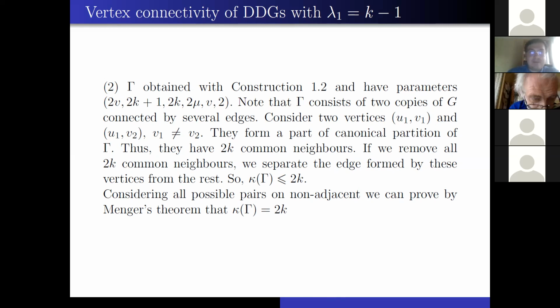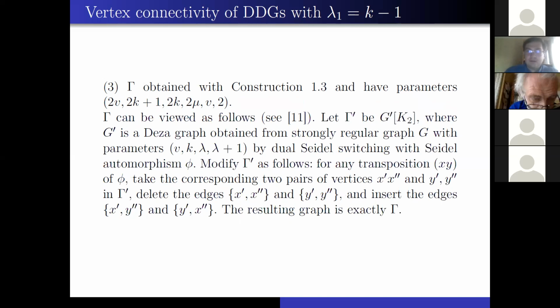And the last, the most interesting case, is gamma obtained with construction 1.3 with the same parameters as the previous construction. In the paper about this construction, it is described that gamma can be viewed as follows. Let gamma prime be G prime lexicographic product with K2, where G prime is a digraph obtained from strongly regular graph gamma with parameters v, k, lambda, lambda plus 1 by dual Seidel switching with Seidel automorphism phi.